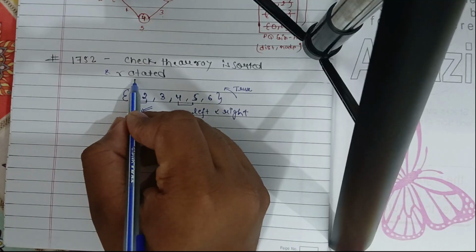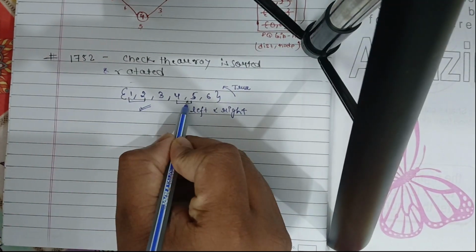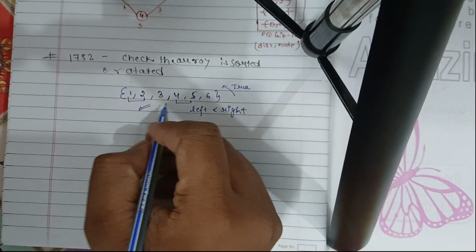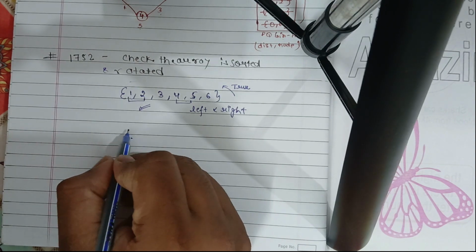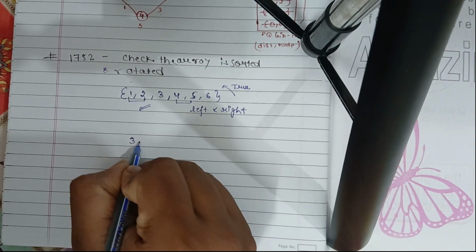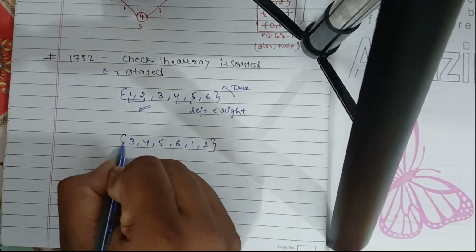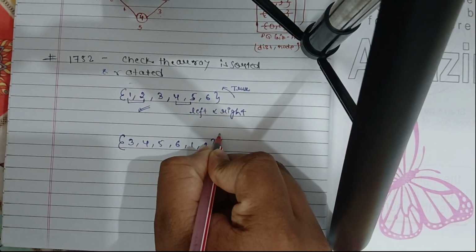Now let's see what rotated means. Since this is the sorted array, what we did is we just rotated it 2-3 times. Let's suppose 2 times. So 3, 4, 5, 6, then 1 and then 2. Now you also say that it is in the sorted form.